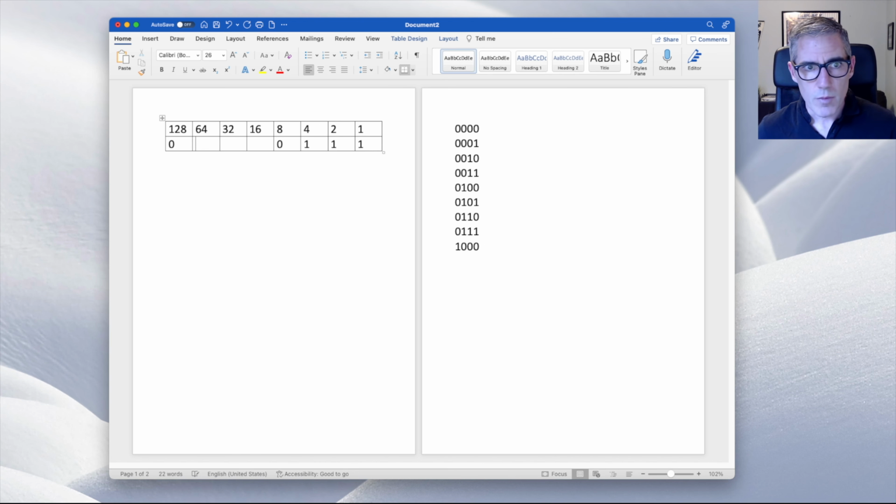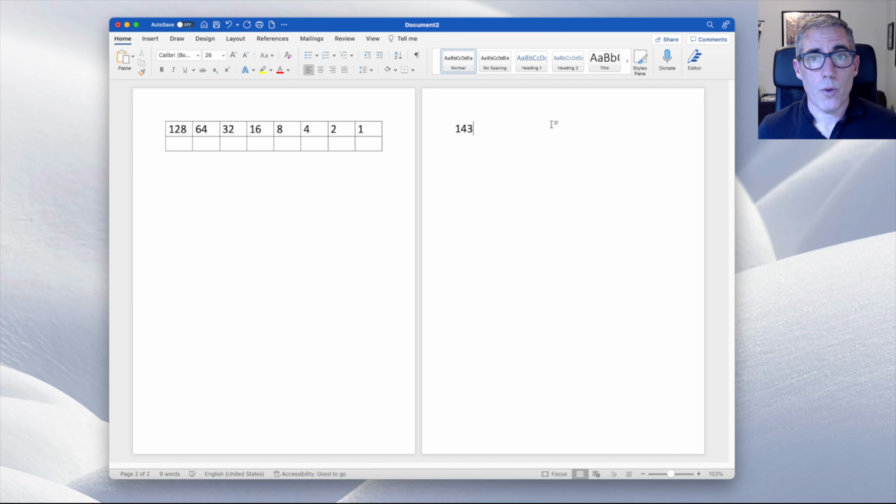So now let's do the other direction again using 8 bits. What if we had a number like 143 and we want to convert that into binary? So what do we do? We say 143 is greater than 128.